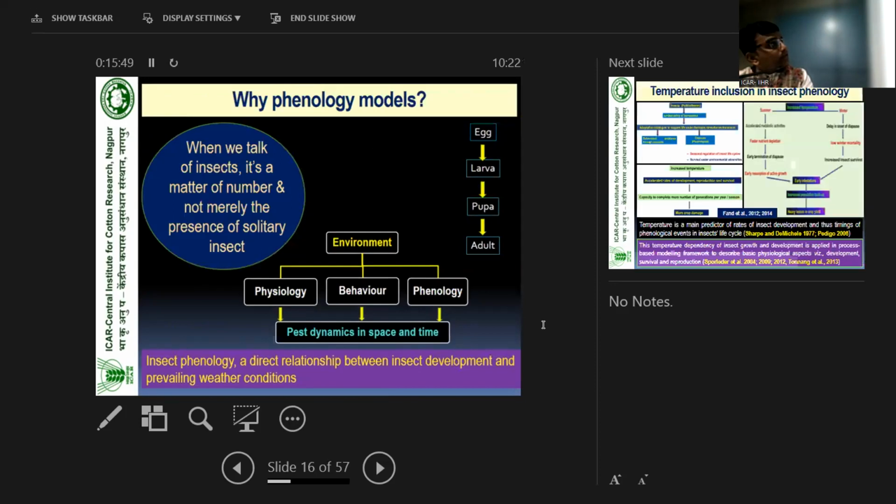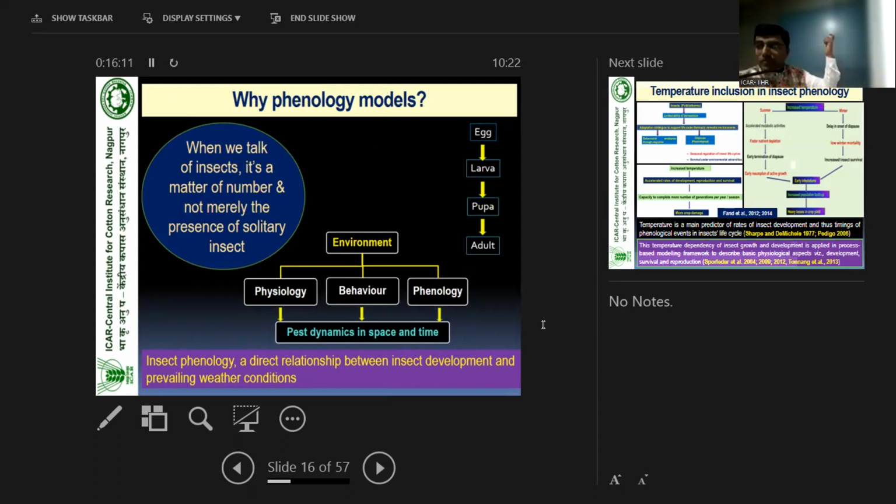We will see, then, why phenology models? We have already seen what exactly phenology is. It's the critical timings of life events in the species life cycle. If you talk of insects, whether a single insect or a group of insects, it's a matter of population.